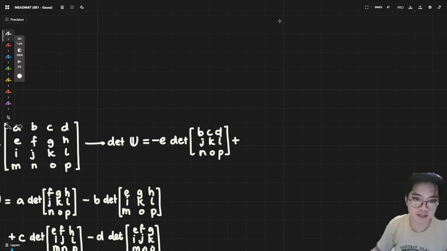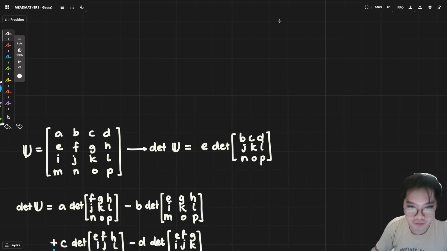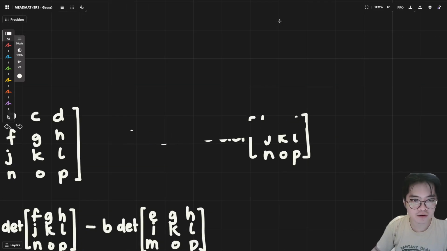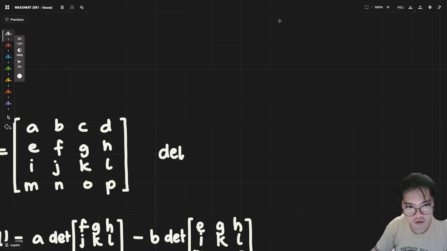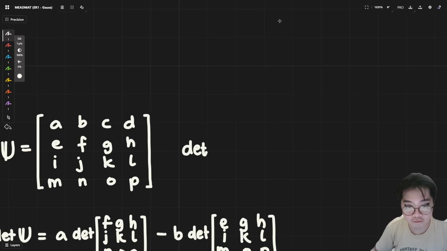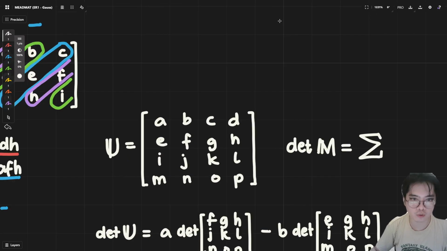There is actually a rhyme and reason to all of this. The general formula to get the determinant of any kind of matrix is, once you select a row, how you usually index an element is by this.